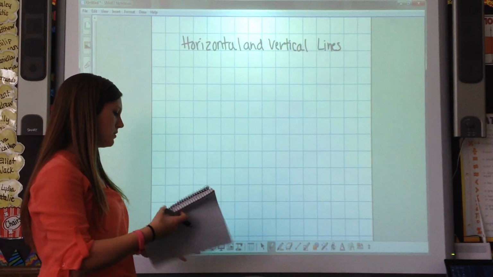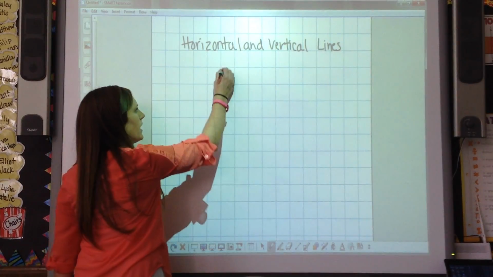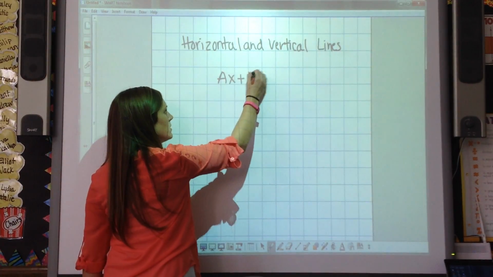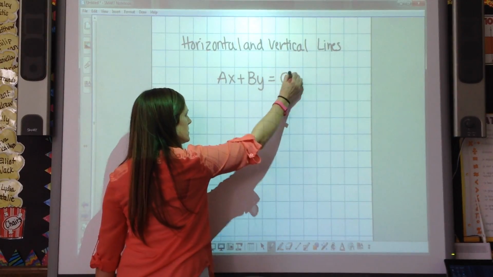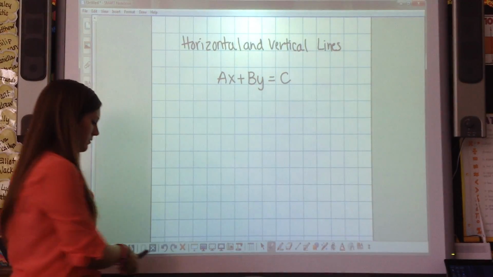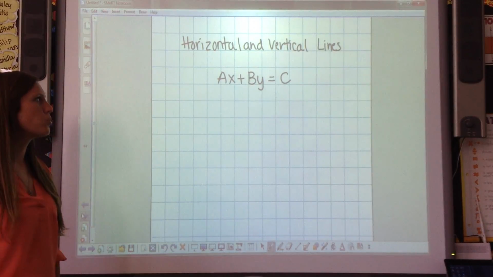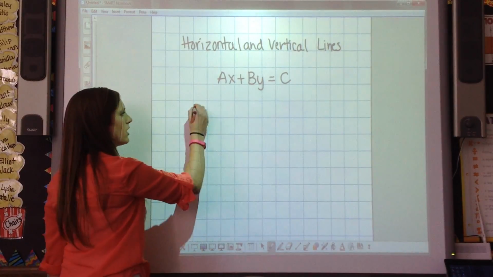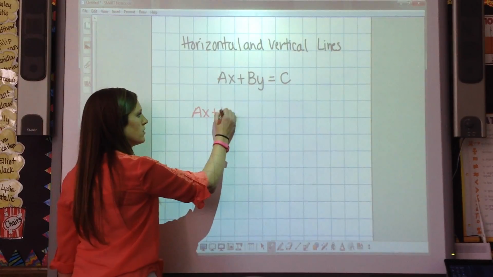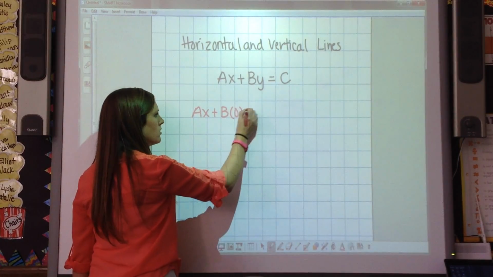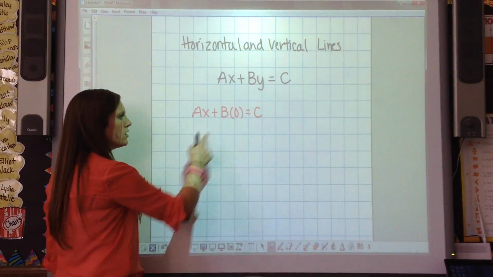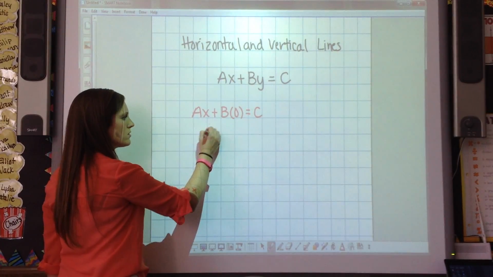Standard form is Ax plus By equals C. Think about what happens when your B value is 0. Anything times 0 is 0, so this looks like this.